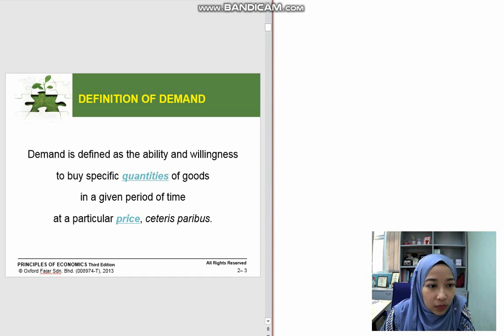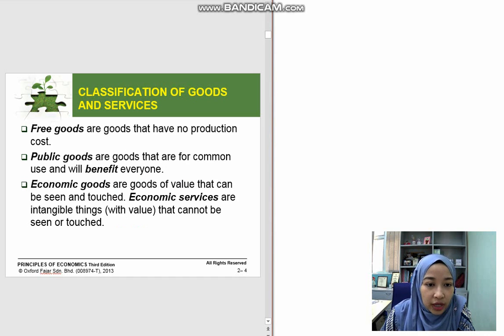And then we have different types of goods that exist in an economy. Usually the goods that we can buy are economic goods. So we have here three types of different goods. We have free goods, which are goods that have no production cost.